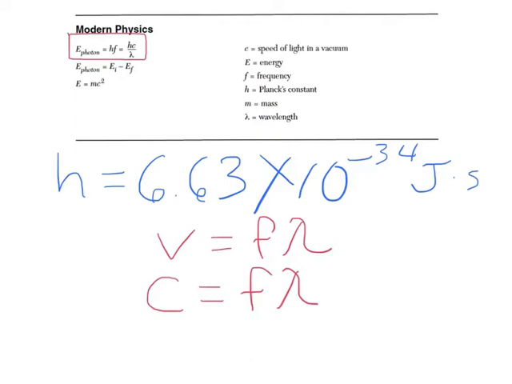So what they've done up here is they've solved for f. If you solve this for f, you get f equals c over wavelength. Divide both sides by wavelength, and f is c over wavelength. So instead of h times f, you can write h times c over wavelength.